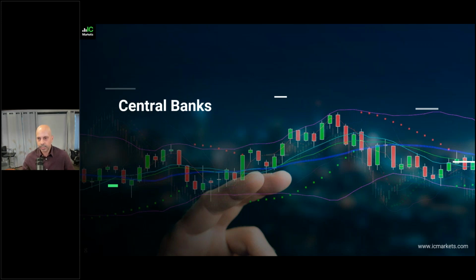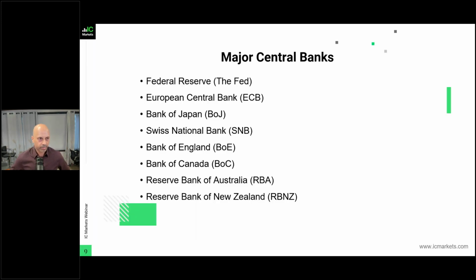Okay, so here we have the major global central banks. As you can see, the Fed, ECB, Bank of Japan, SNB, and so on and so forth. What is important to note here is to find out which central banks are raising rates, which ones are maintaining rates, and which ones are cutting rates or keeping rates low.